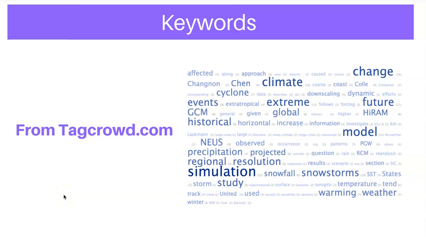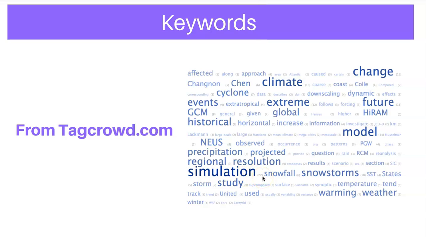This is an example of keywords found in an article and run through tagcrowd.com. You'll see that it has the number of times the words were used. The larger numbers have been repeated the most. Simulation in this case was used 22 times.